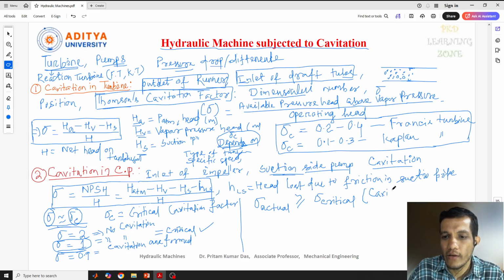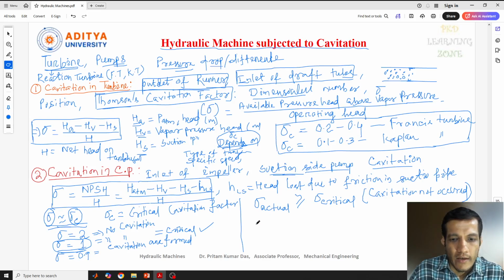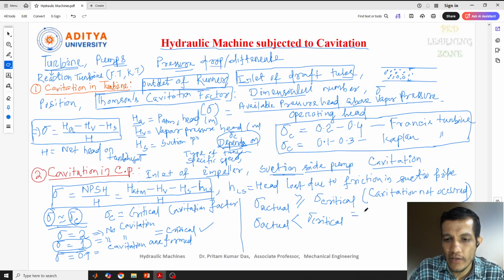At this point we can say cavitation has not occurred. And the second concept: if the sigma actual is less than the sigma critical, then we get the result that cavitation is formed.